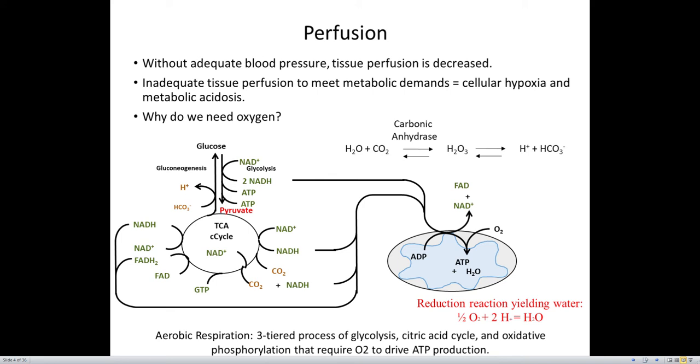So in this situation, as hydrogen ions go up, you're going to see bicarb go down because it has to combine to those hydrogen ions to produce carbonic acid, which will break down into carbon dioxide, which will be exhaled, and water, which is also exhaled in sweat and whatever.